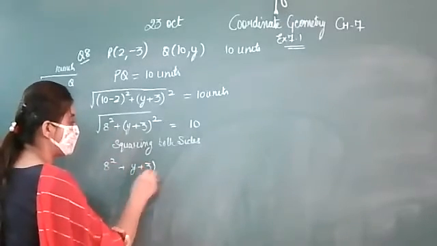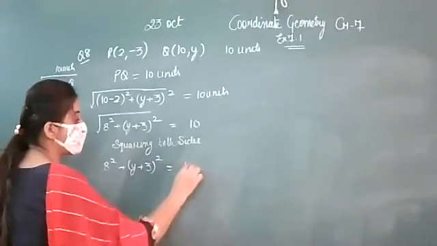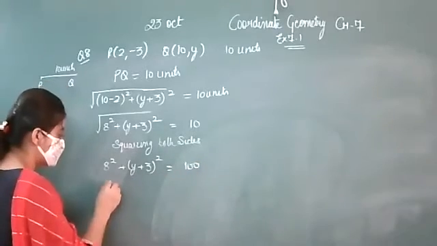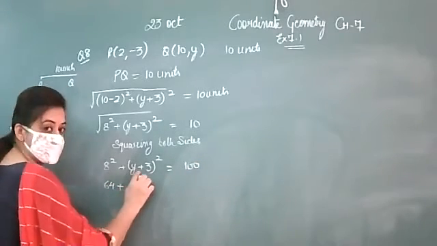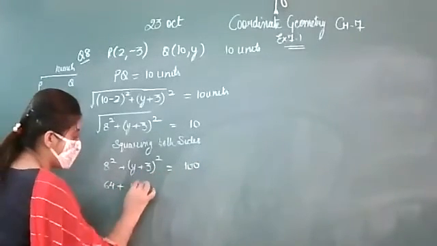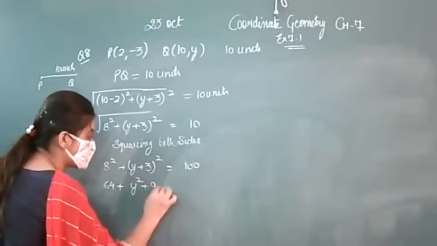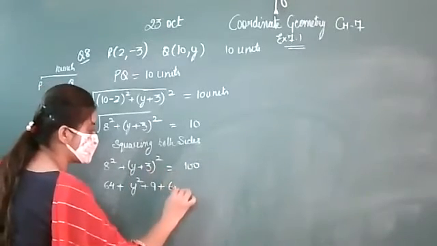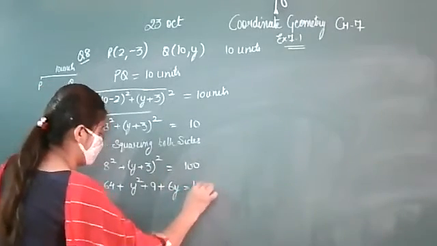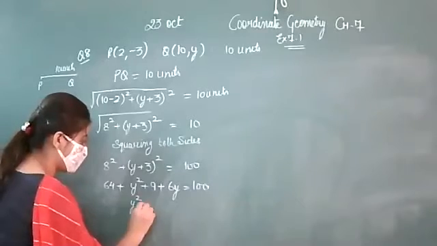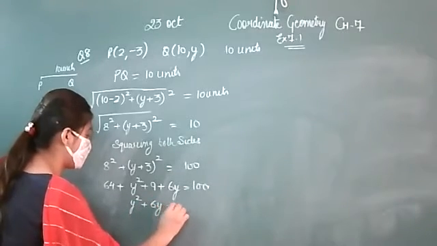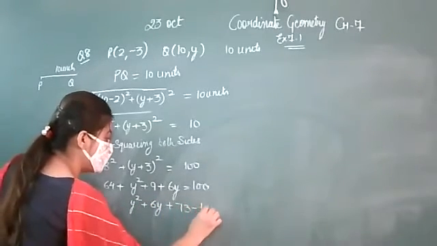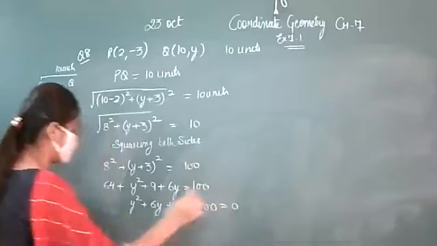So you will be left with this. And when you square this side, it will give you 100. This is your 64. This is (a plus b) whole square, a square plus b square plus 2ab, that is 6y, equal to 100. So this is your y square plus 6y plus 73 minus 100 equal to 0.